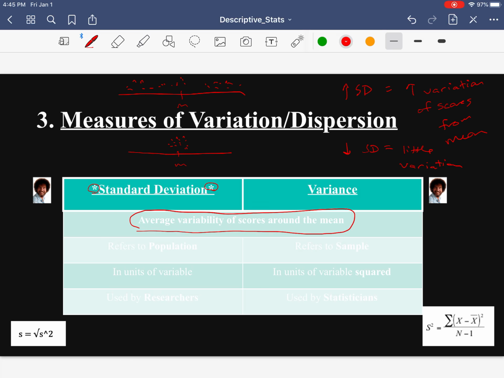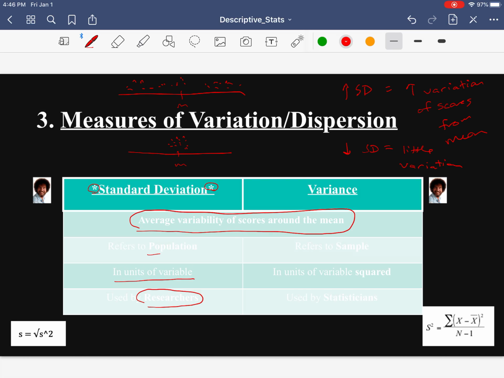Now, let's get into the weeds a little bit. When we use standard deviation most often, we are referring to a population, and our standard deviation is in units of the variable. If it's age, then the unit would be years, right? And this is what is used by researchers. So this is what we talk about, right?